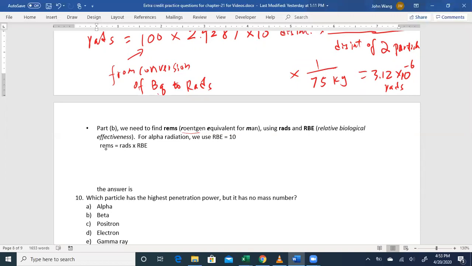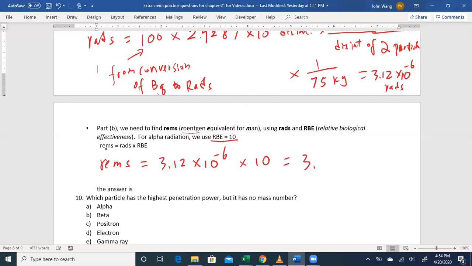Once we know that, our question for the rem will be simple. Rem equals rad times RBE. The rad we just found is 3.12 times 10 to the negative 6, and then you just times RBE, which is 10.